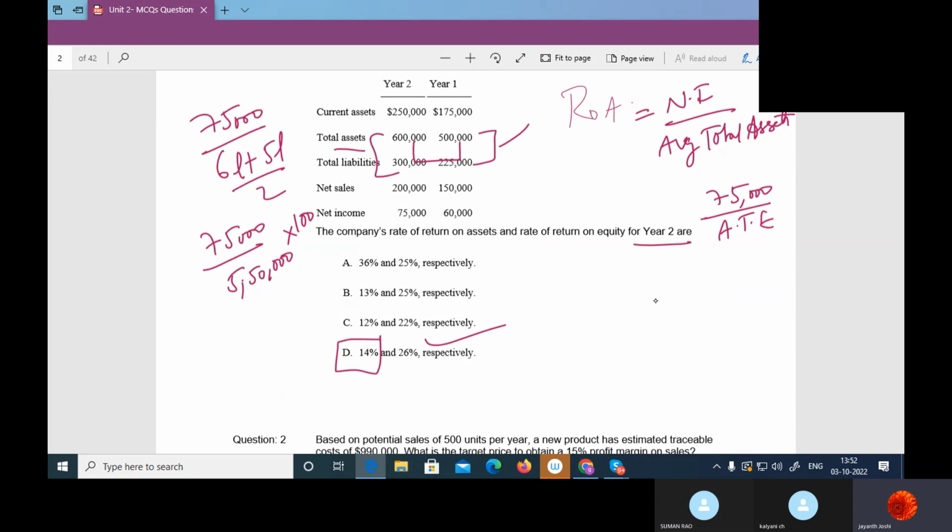6 lakhs minus 3 lakhs, 5 lakhs minus 2 lakh 25,000 gives 2 lakh 75,000. So 75,000 divided by 3 lakhs plus 2 lakh 75,000, whole divided by 2.